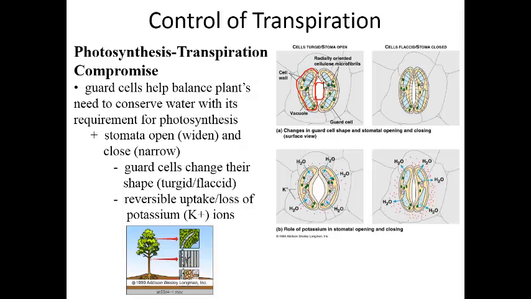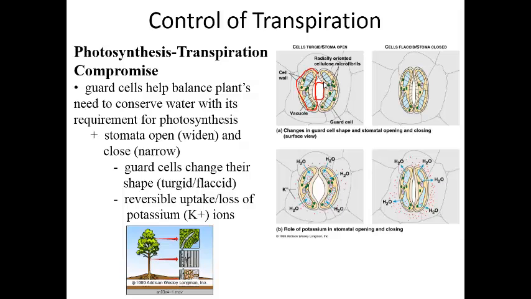Guard cells open or close the stomata by actively pumping potassium out of their cells or into the cells. Remember that potassium is a solute. Wherever potassium goes, water is going to follow it.